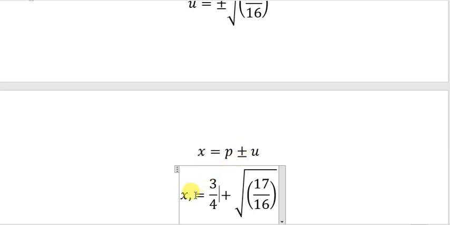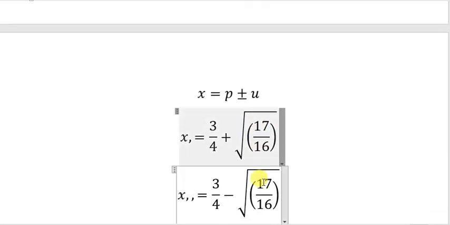So the first factor can be obtained by adding 3 over 4, which is the value of p, to the positive root of u, which is plus the root of 17 over 16. Again, the second factor of x can be obtained by finding the difference between the value of p, which is 3 over 4, and the negative root of 17 over 16.